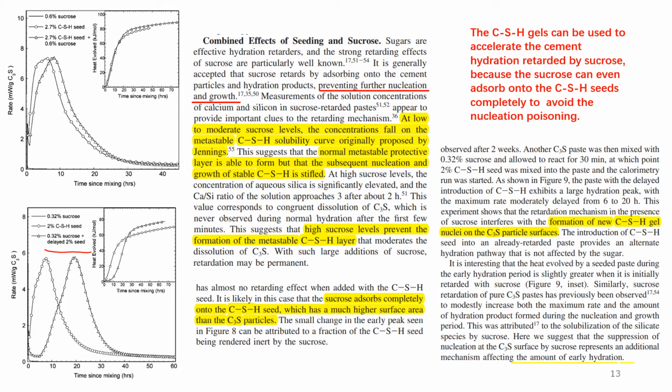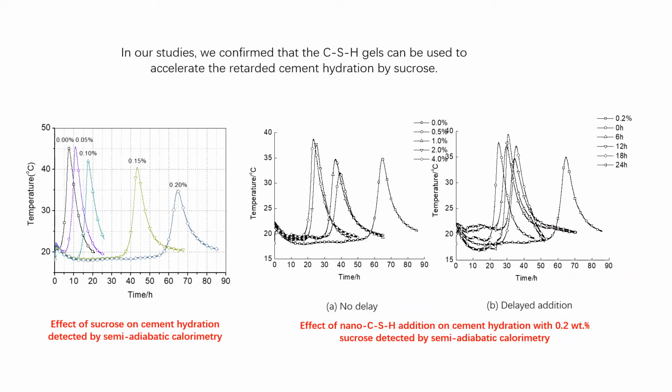It was proposed that the adsorption of sucrose on CSH gels can avoid the nucleation poisoning. In our studies, we confirmed that the CSH gels can be used to accelerate the cement hydration retarded by sucrose, either by simultaneous addition or by delayed addition.